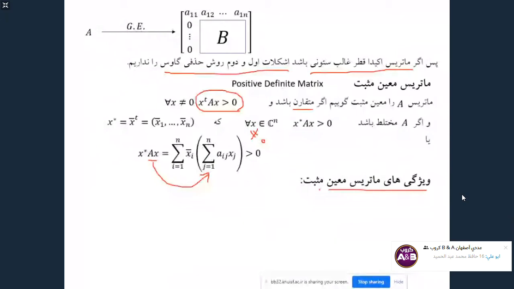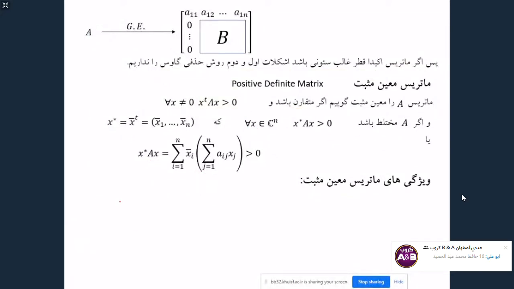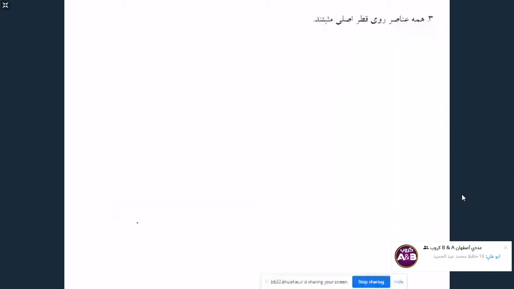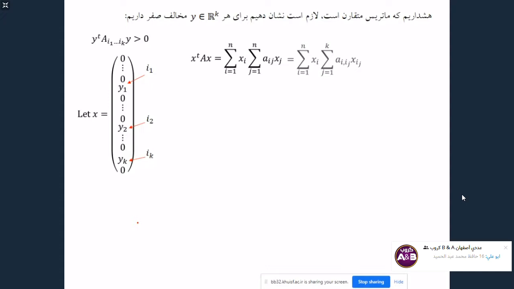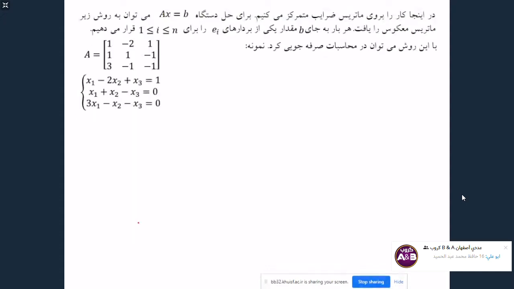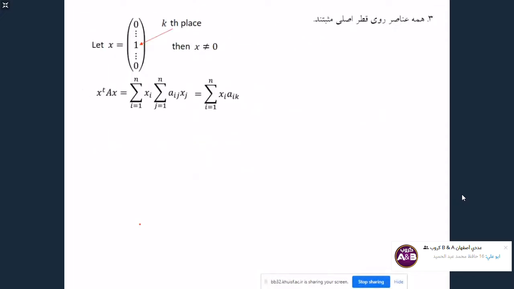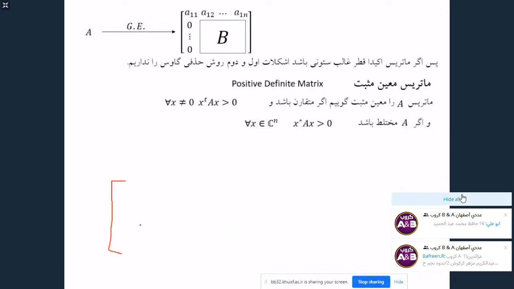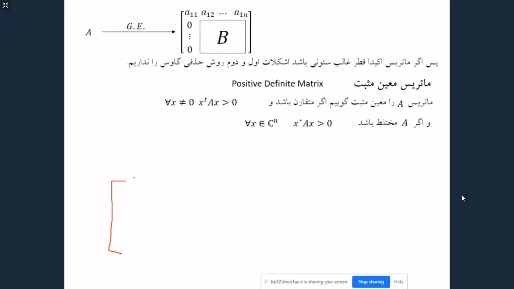We want to say some properties of positive definite matrices, but first of all, let me show some examples. Take the matrix 4, minus 2, minus 2, 3. It must be symmetric.